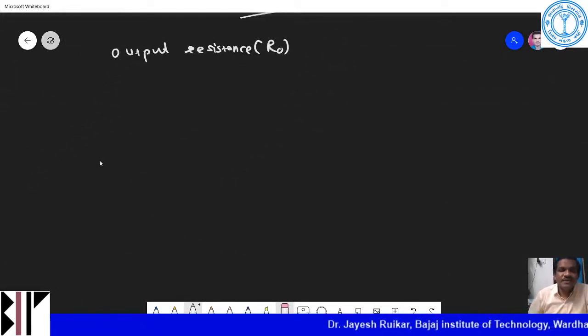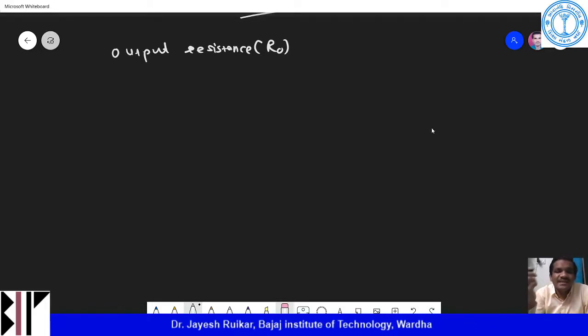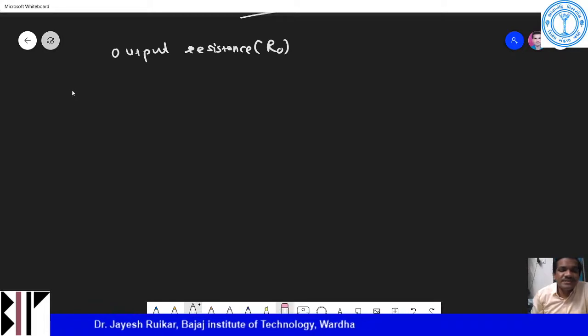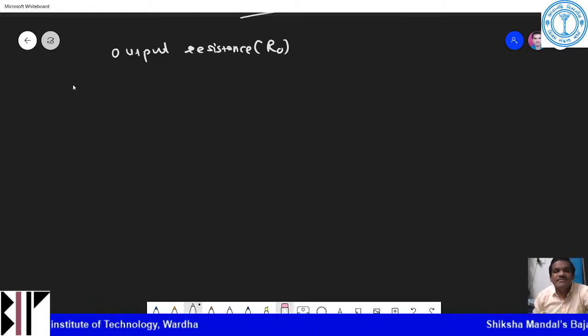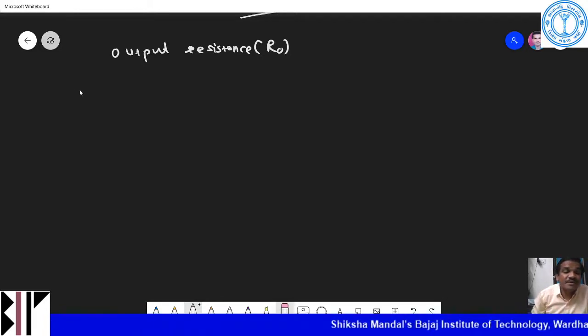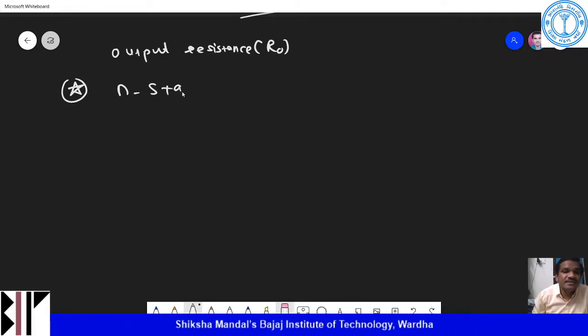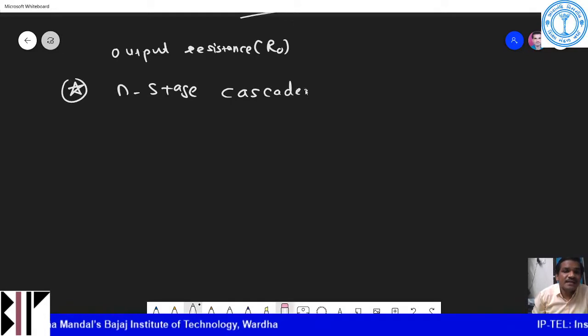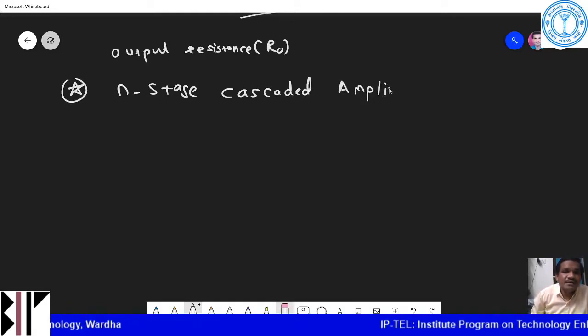Now let us move ahead. If we cascade n number of amplifiers, we call it a multi-stage amplifier with n number of stages, or an n stage cascaded amplifier.